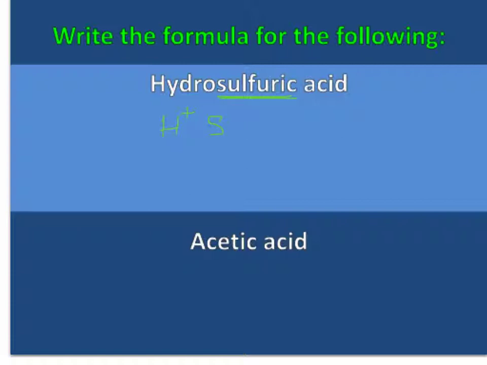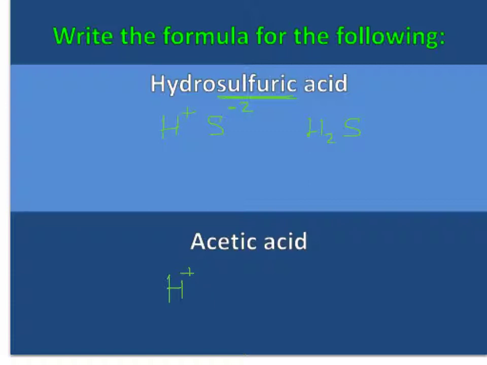So S. And since it's binary, it has to be S minus 2. It's not polyatomic. Now this has to create an electrically neutral compound. 1 positive, 2 negatives. We have to do our crisscross method. So that gives us H2S, and that's hydrosulfuric acid.